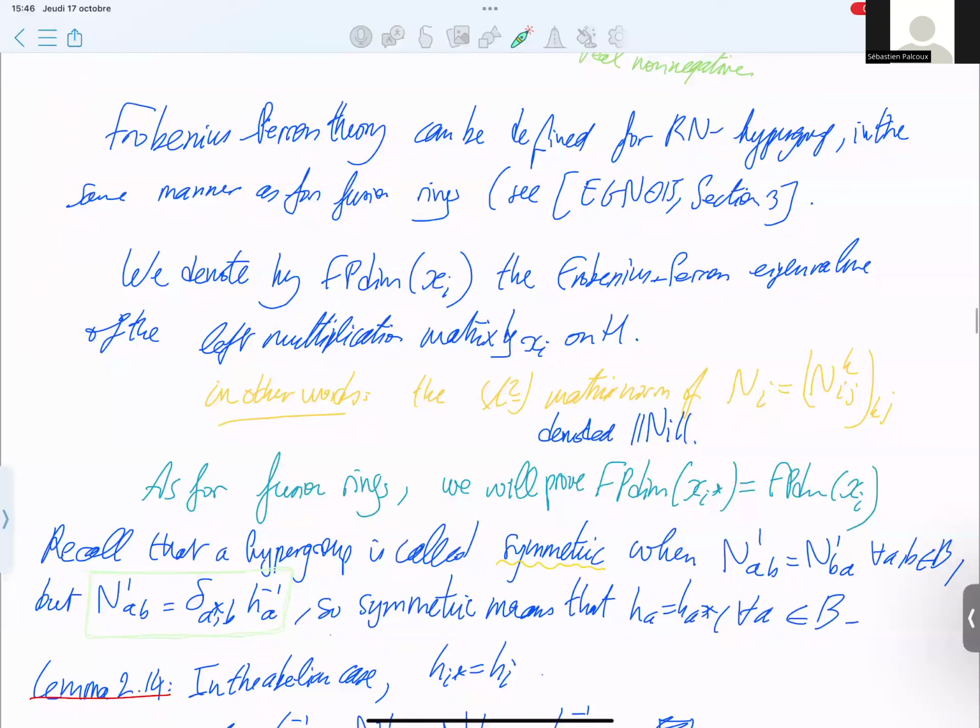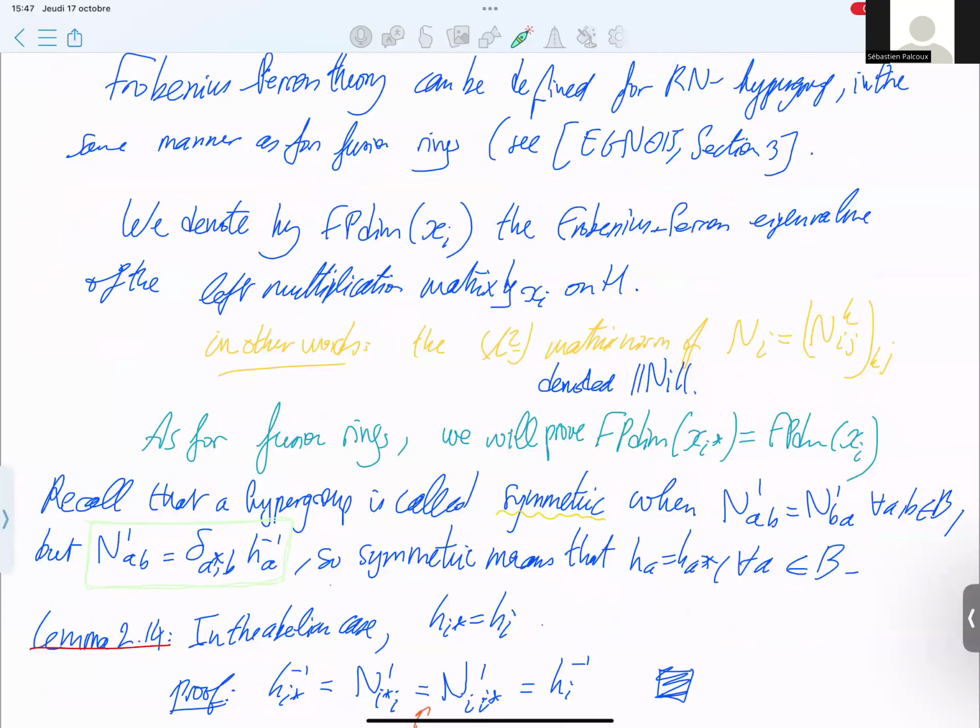Okay. So you can apply this theorem and you can define the notion of Frobenius-Perron dimension. And in fact, as I said, this is also a linear character, and this is exactly this mu1. Usually, mu1 will be the Frobenius-Perron dimension.